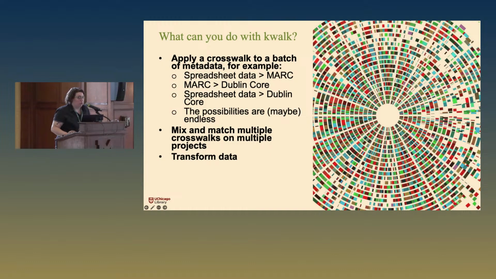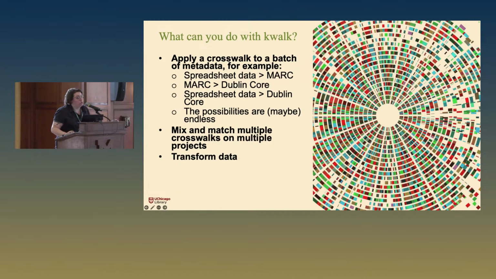So with kwalk, you can apply a crosswalk to that batch of metadata and work with the metadata in a very user-friendly way, like a way that someone like me, who isn't very familiar with many coding languages, would work with data, which is like having a column that says title, an abstract, and the first author and author 2. And when you apply the crosswalk, it can translate it to MARC to upload to the repository.